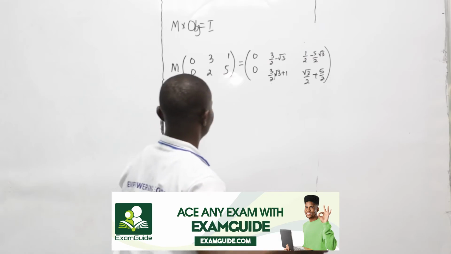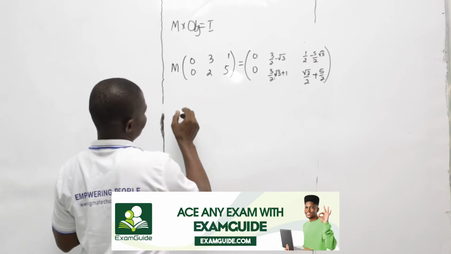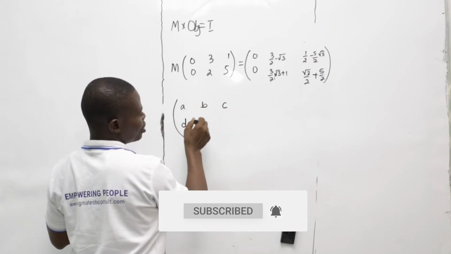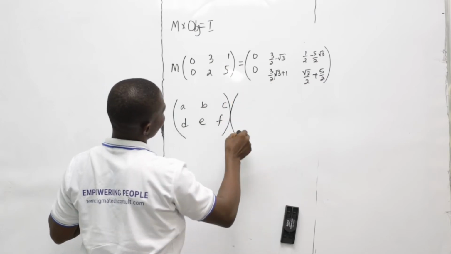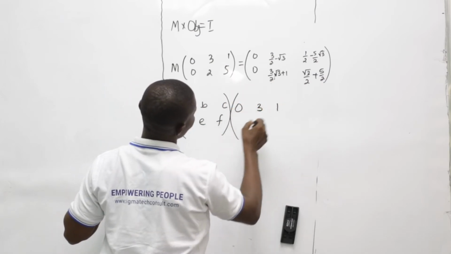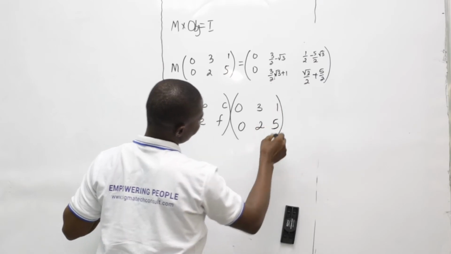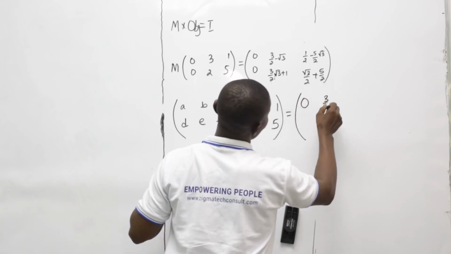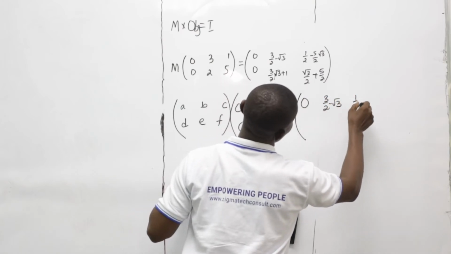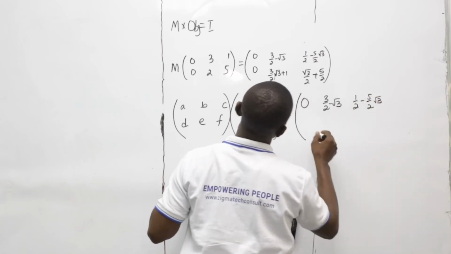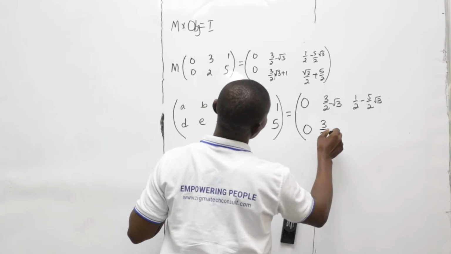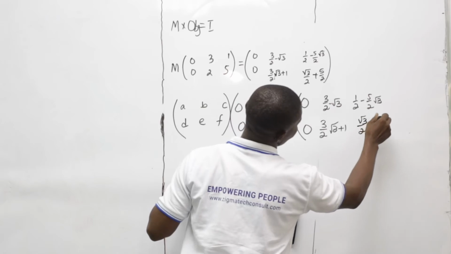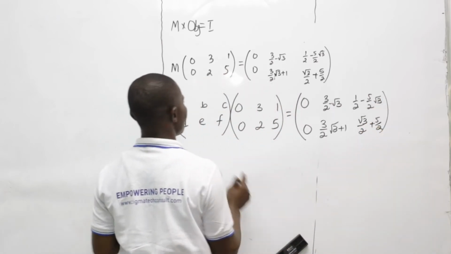We must assign unknowns to the matrix by saying A, B, C, D, times 0, 3, 1, 0, 2, 5, then equals the image given to us, and we will multiply out this way.